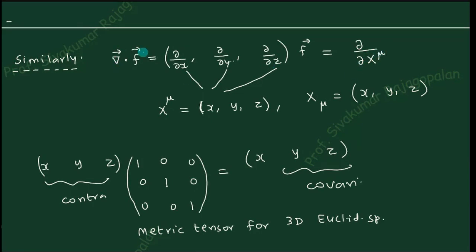This is the notation for the divergence. We say that this is the contravariant derivative. These derivatives naturally arise because of dou by dou x, etc. In particular for our case, this is known as the 4-dimensional divergence.